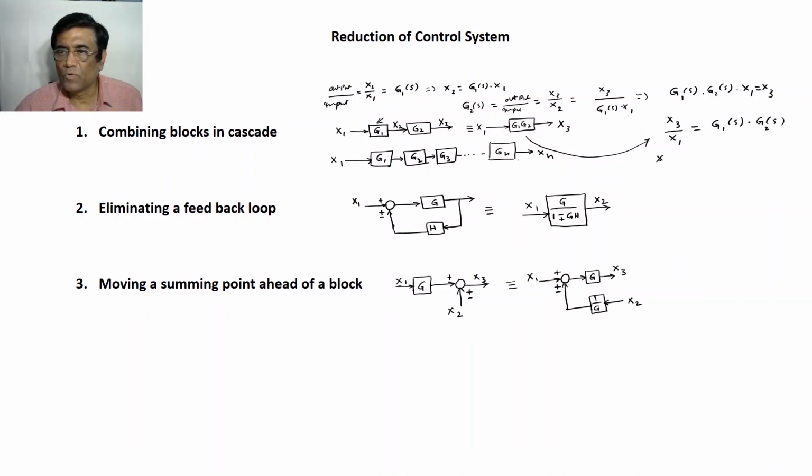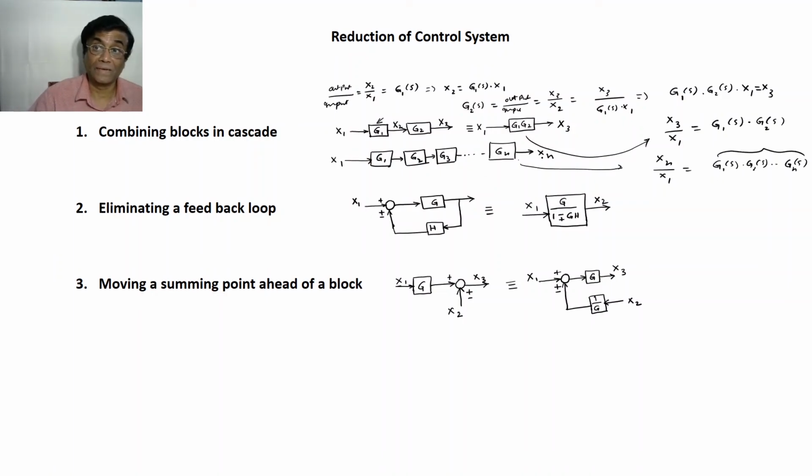So output by input will be G1(s), G2(s), and so on up to Gn(s). So simply they will all be multiplied. So this is the rule of combining blocks in cascade.